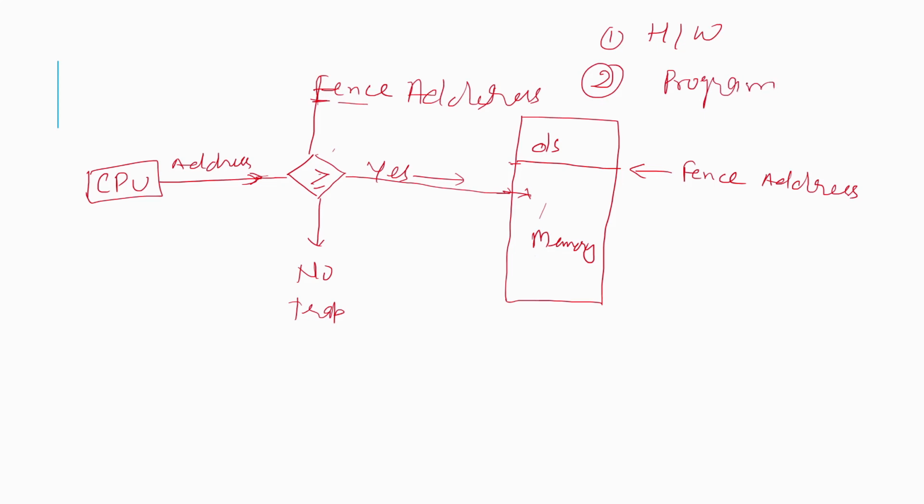The fence register concept can be done by software in a programmatic way. We can write one program, a comparator program, that checks immediately every address generated by the CPU.